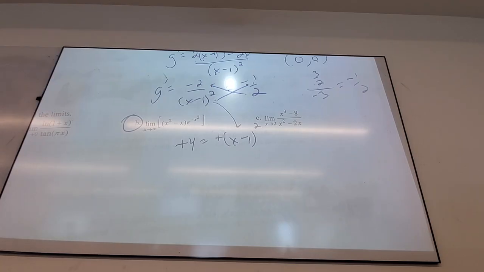What's in my way? If only it wasn't there, I could add 1 and be done. The power. What's there that I wish wasn't there? Square. Stupid square. Okay, what do I do to kill it? Square root. So remember, when you're in an equation, say to yourself what you don't like in it, and then think, can I kill it? There's a ton of things we can do when we have an equation to kill what I don't like.